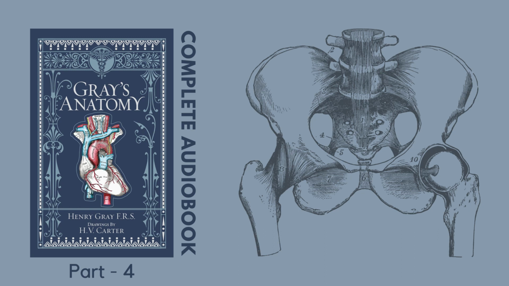It is smooth, convex, broader above and below than in the center. From the upper 3/4 of this surface the vastus intermedius arises. The lower fourth is separated from the muscle by the intervention of the synovial membrane of the knee joint and a bursa. From this lower part of it the articularis genu takes origin.